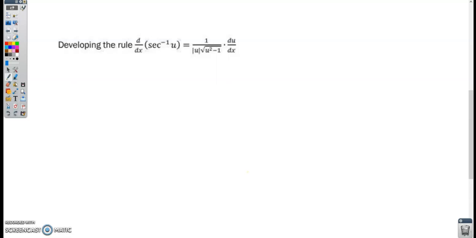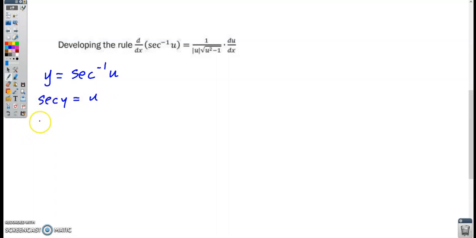Developing the rule for the derivative of the arcsecant. Much like when we were developing the rules in the last video, we're going to make y equal to the arcsecant of u, and then we're going to take the secant of both sides. So we've got secant of y is equal to u. And now we're going to go ahead and take the derivative using implicit differentiation.